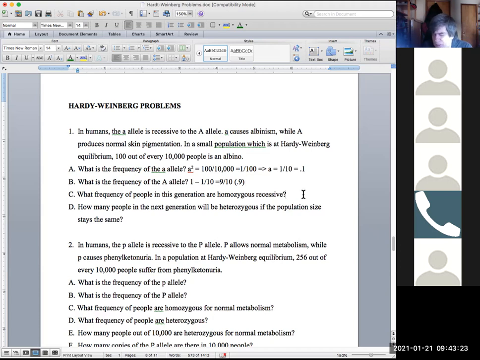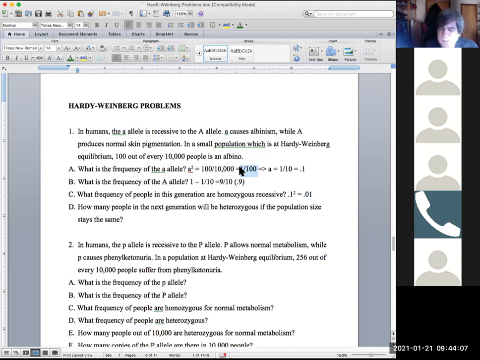What frequency of people in this generation are homozygous recessive? Well, the frequency of people who are homozygous recessive is our 0.1, the frequency of little a, squared. And we could work this out: 0.1 times 0.1 is 0.01, except notice 0.01 is 1/100th.